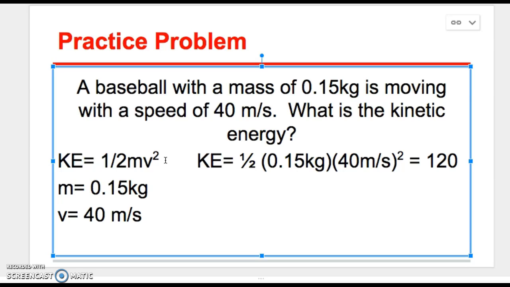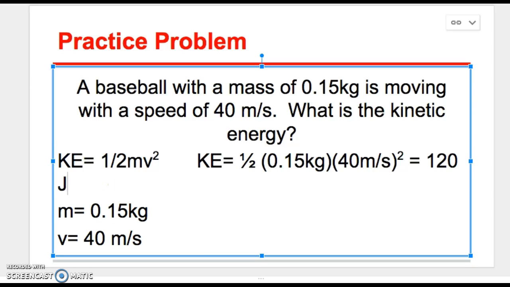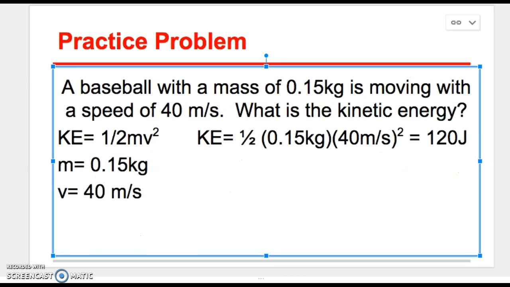Be careful when you're putting this into your calculator because sometimes it's difficult to make sure that you put the squared in right. So what I did is I did 40 squared and then times 0.15 and then times 0.5. Then last thing I need to think when I'm doing this practice problem is what is my units? And here we have joules.